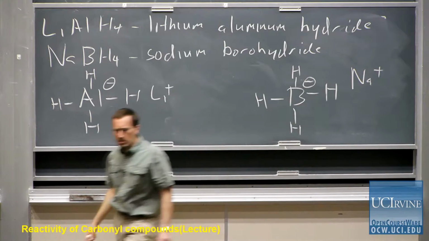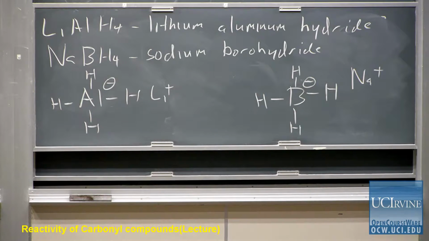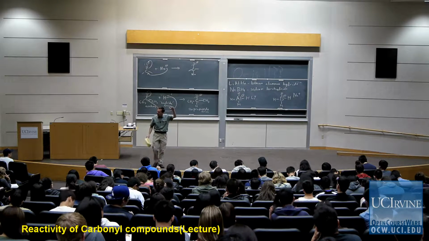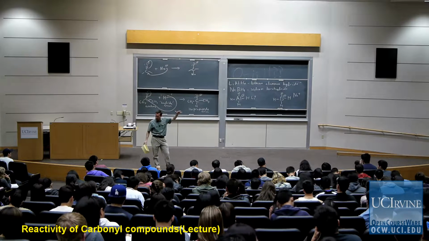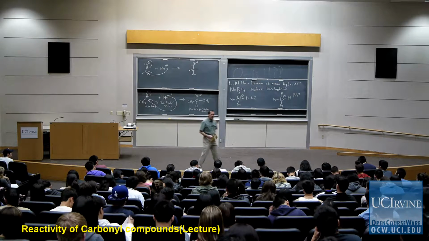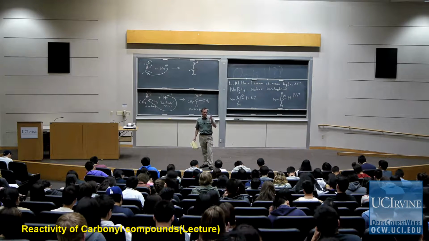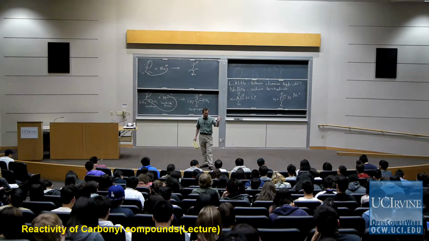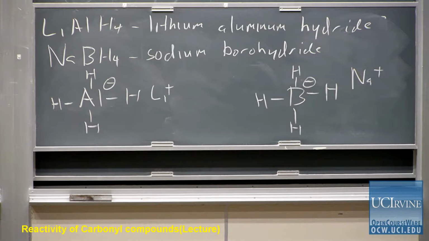And you'll notice these structures are related. Boron is above aluminum in the periodic table, so in many ways they have similar properties. They differ in that aluminum is more electropositive than boron. The electronegativity of hydrogen is about 2.2. The electronegativity of aluminum is about 1.6. The electronegativity of boron is about 2.0.